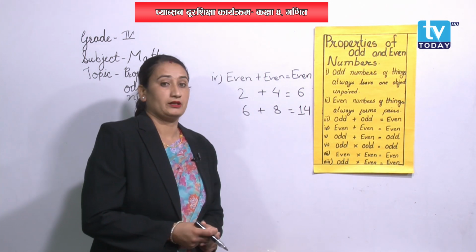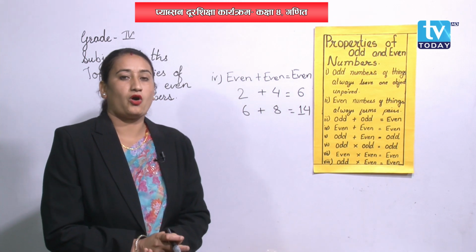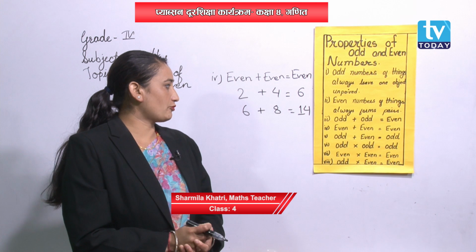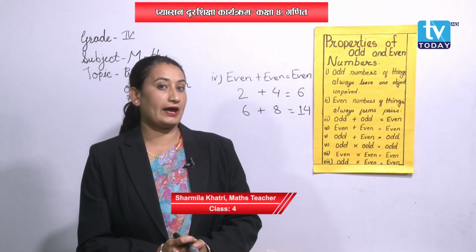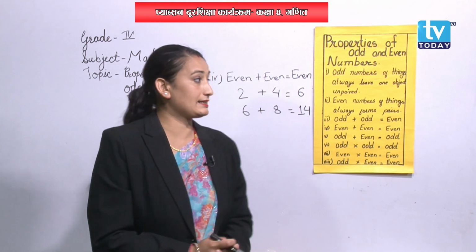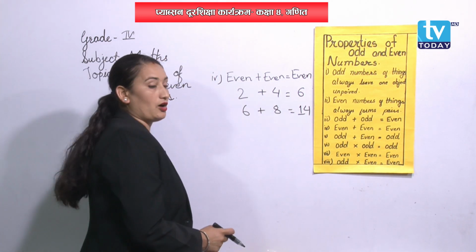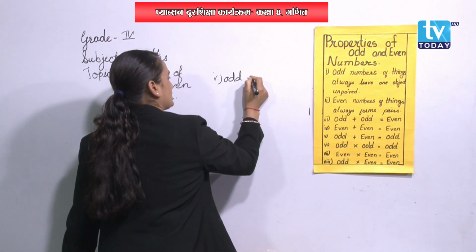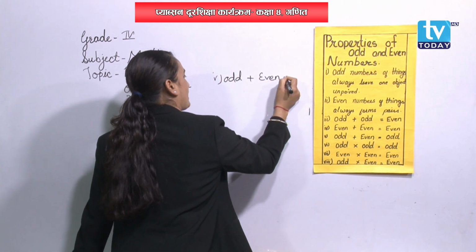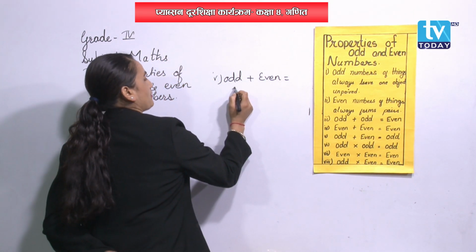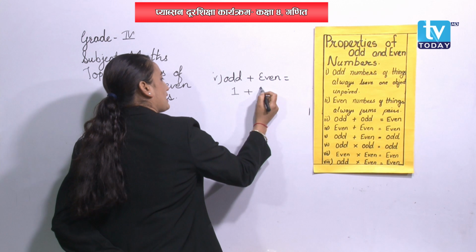Now next, if I add odd and even, right, then what will it give? If I add an odd plus an even number, what will be the answer? Let's check it out. Okay, odd plus even, let's find out. First one is an odd number, then even.